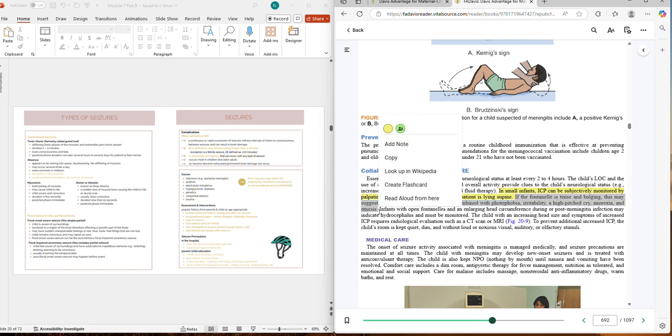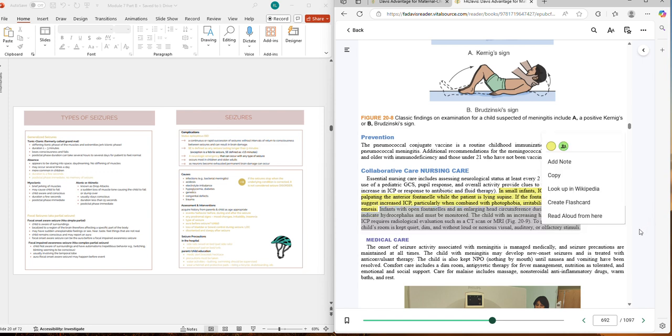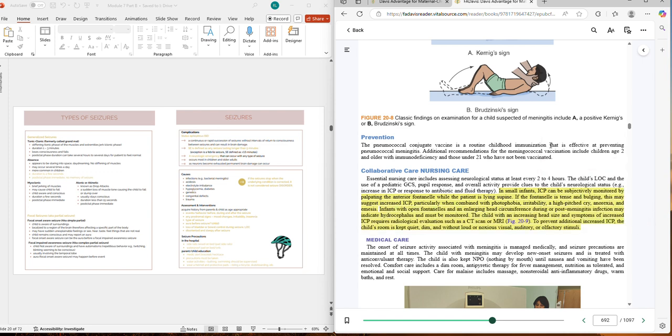They don't want to eat. They're very irritable. But that's important. Wink and lollipop. And with open fontanelles, you may also see an enlarging head circumference with ICP. So just know all of this. Winks and lollipops.